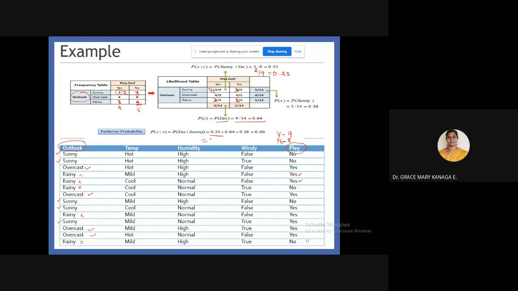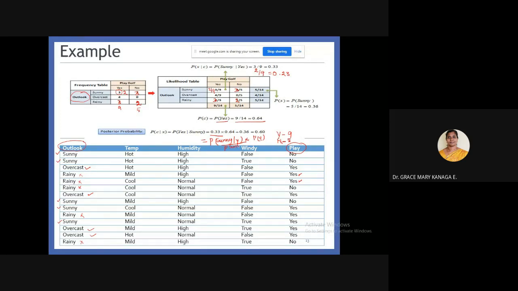The formula is probability of sunny given yes, into probability of yes, divided by probability of sunny.